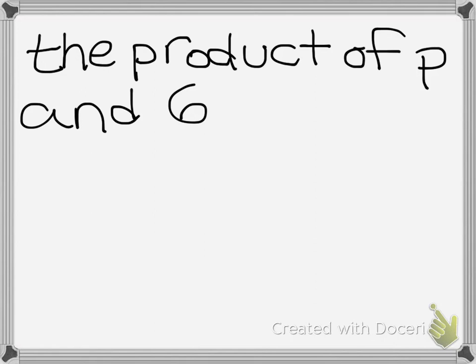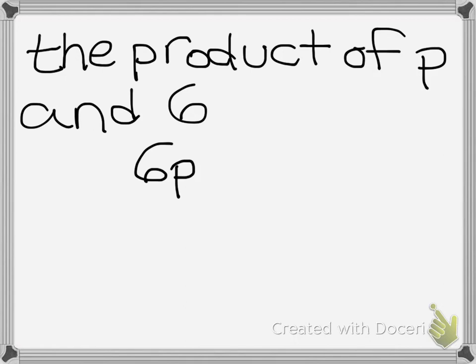So this says the product of p and 6. Product means multiply, so you would write p times 6. Usually when you're writing a number next to a variable as multiplication, you would put the number first followed by the variable. And you don't need to put a multiplication symbol.